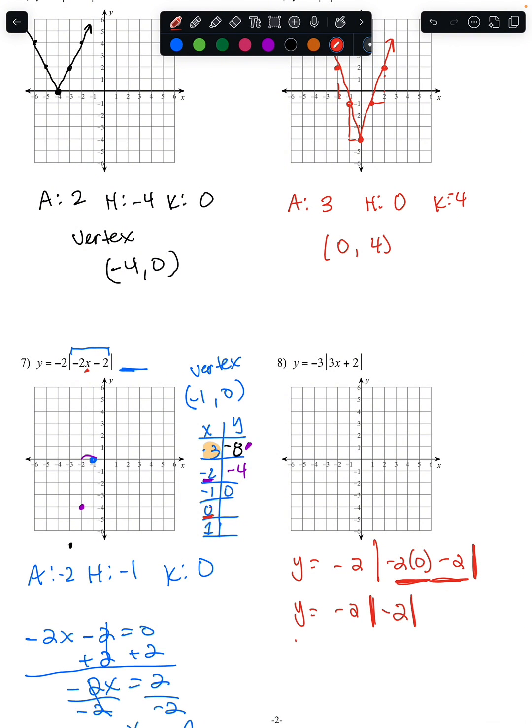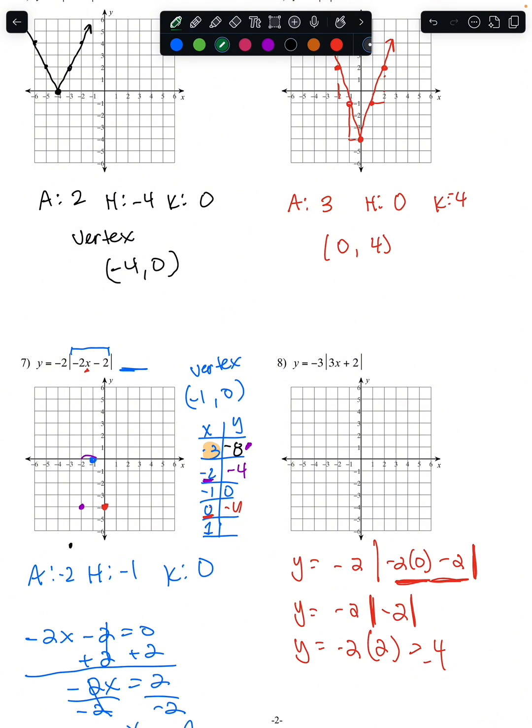And then what's the absolute value of negative 2? That's back to positive 2. And we end up with positive 4. Negative 4. Negative 2 times positive 2 is negative 4. I was testing you again. So my next point is at 0, negative 4.